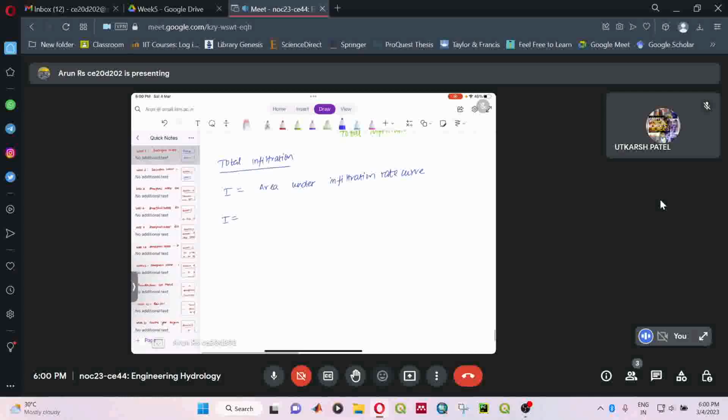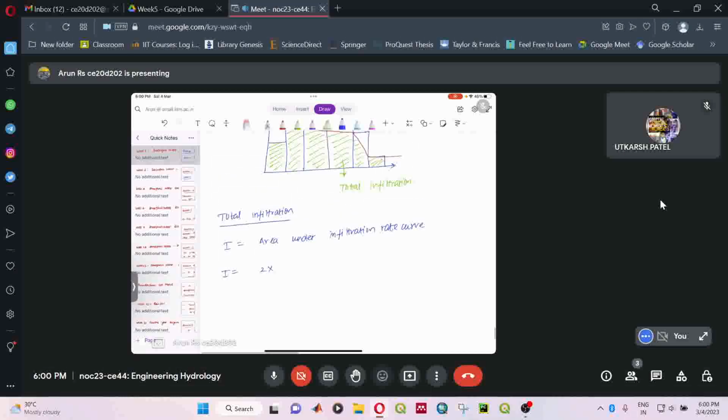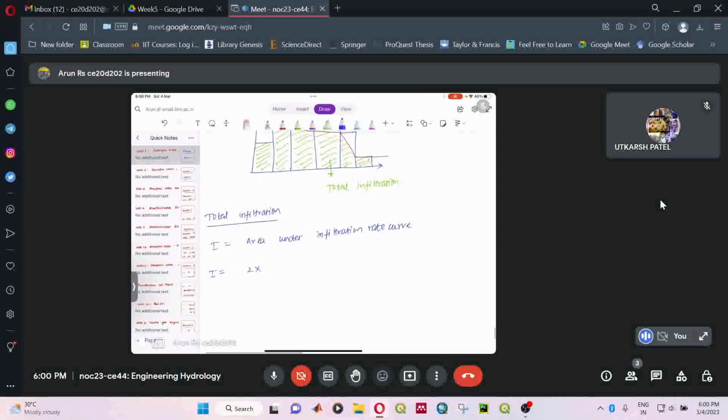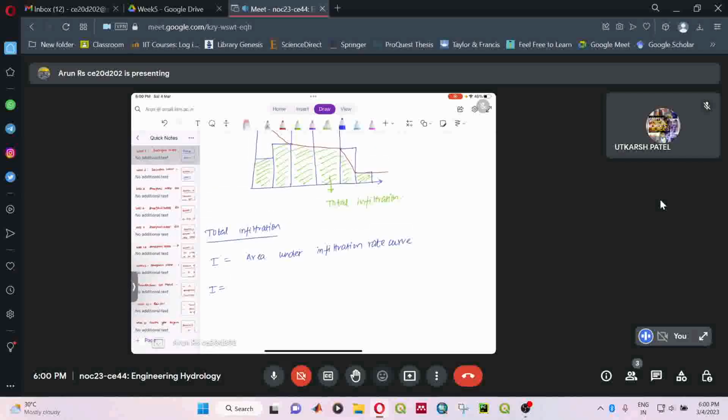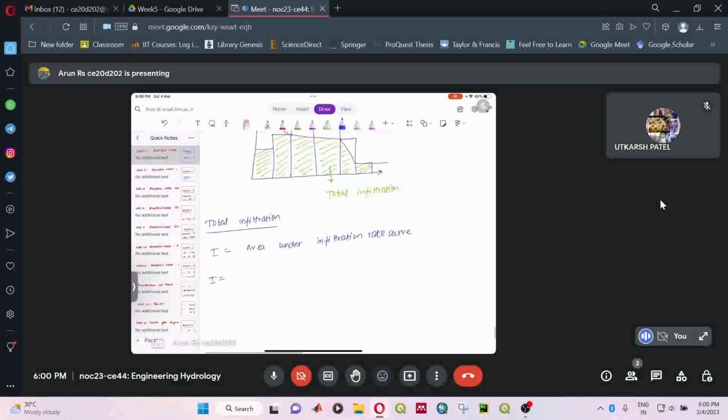So the area under that is, your first block is 2 into, so that is the area of the rectangle. I'm just going to write, for the first 2 time steps it is the area of the rectangle, and for the last time step also the area of a rectangle.